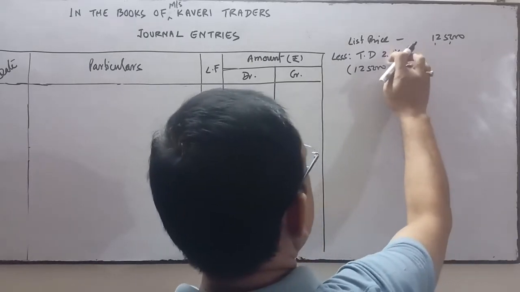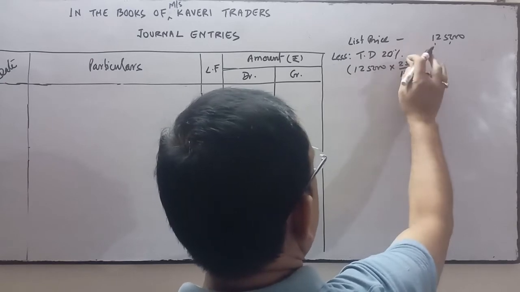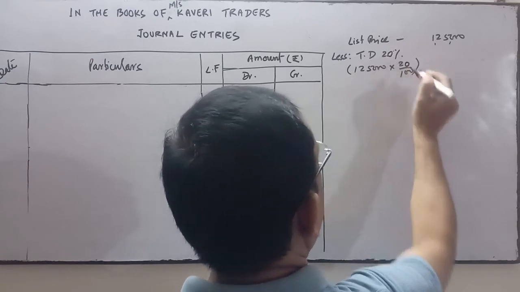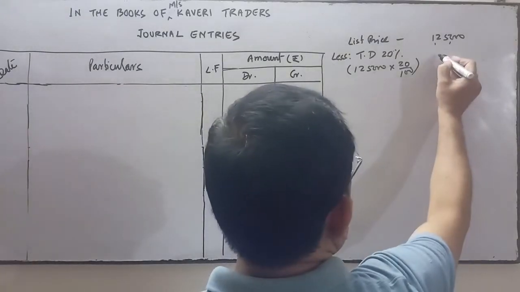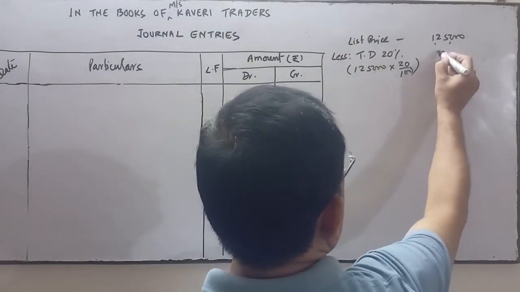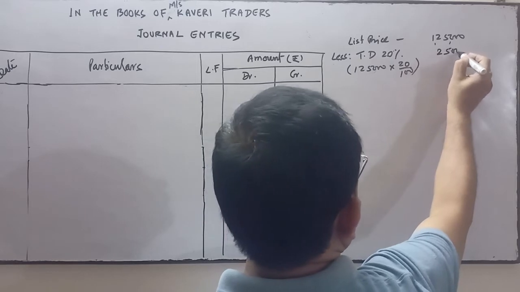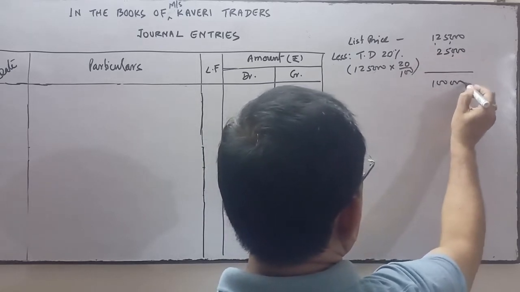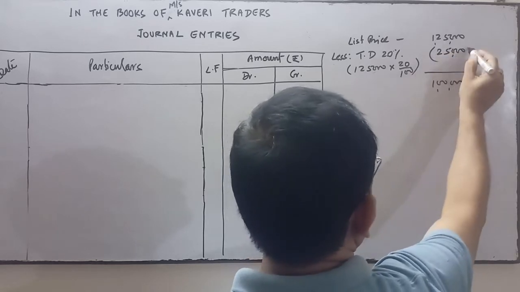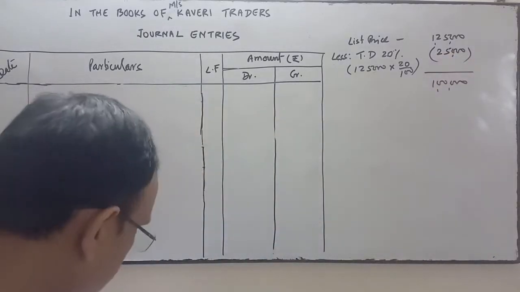Not 25%, but it is 20%. 20% of 1,25,000 is 1/5, which is 25,000. After deduction of trade discount, it is 1 lakh.